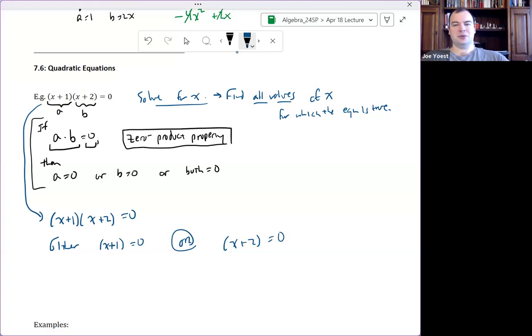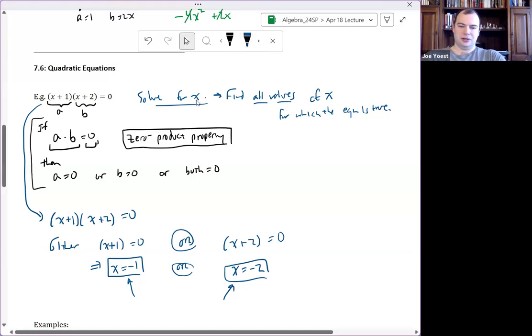But of course, x plus 1 equals 0 says that x equals -1, or x plus 2 equals 0, x equals -2. For quadratic equations, the kind of typical situation is that we get two distinct solutions. We get two real numbers that represent solutions to the equation.